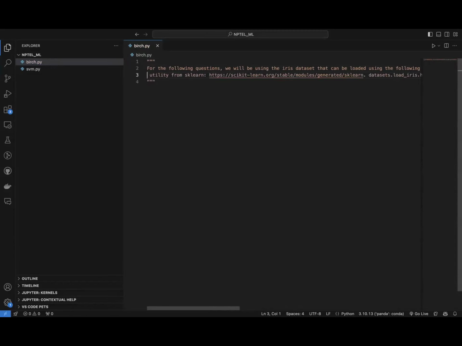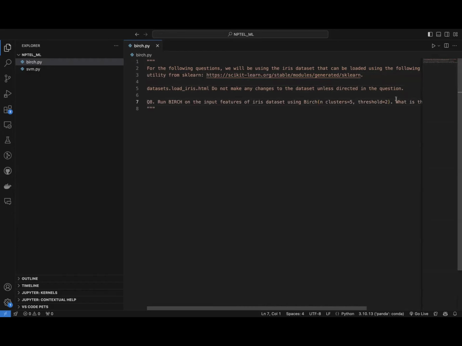In the following, we have to download the dataset from here. I'll ping the link in the chat. So you have to get the dataset from here.